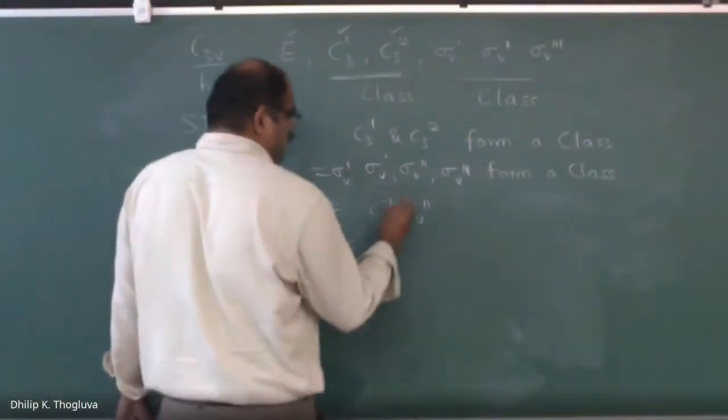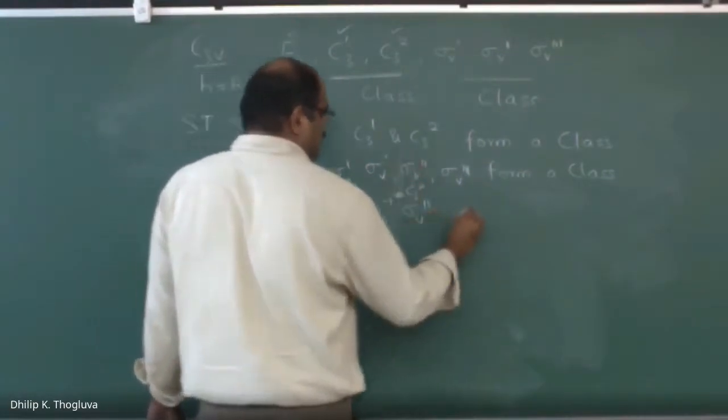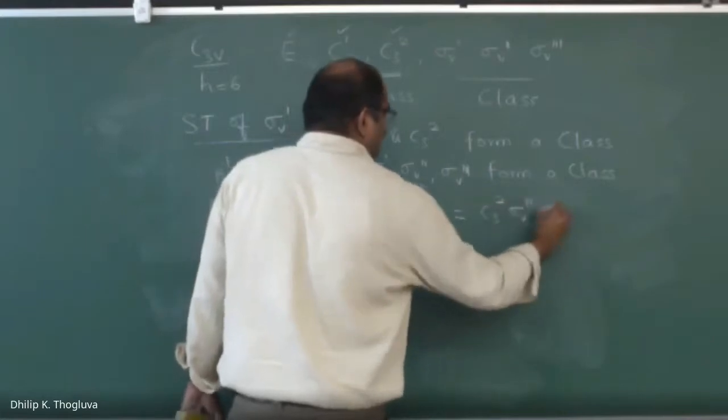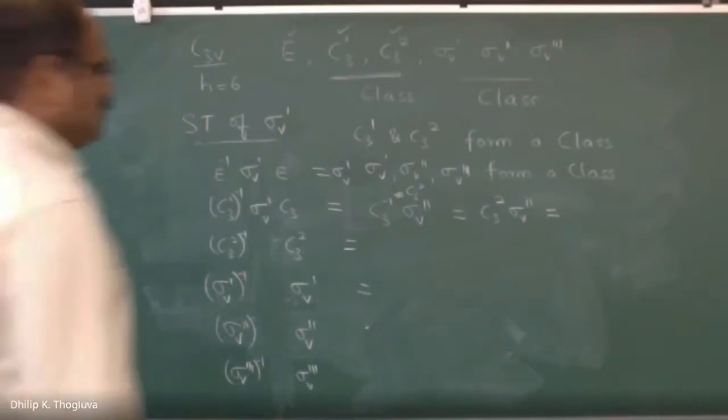So this can be written as C3 twice. Okay, so I'm just going to write that C3 twice sigma v double prime. So sigma v double prime multiplied by C3 twice. You see the group multiplication table, sigma v double prime and C3 twice. It gives sigma v triple prime.